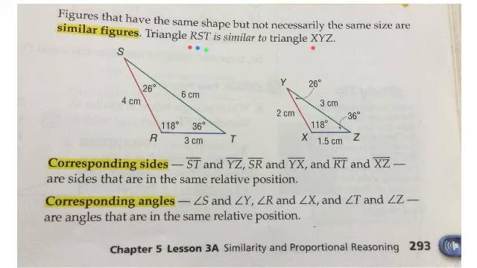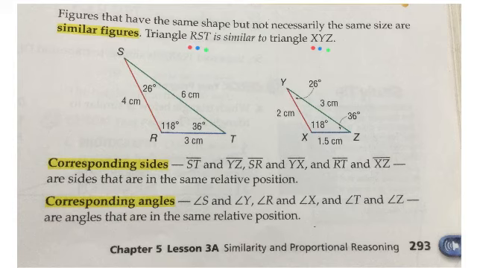Angle X is also 118 degrees. The second one was angle S, and the second one here is angle Y. S is 26 degrees, Y is 26 degrees. And then T and Z are last. T is 36 degrees and Z is 36 degrees.